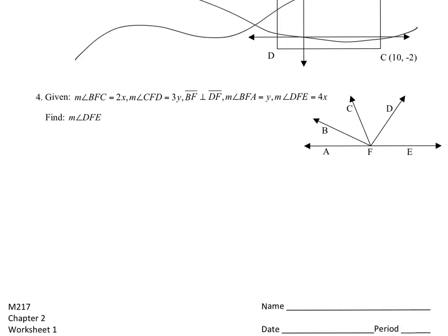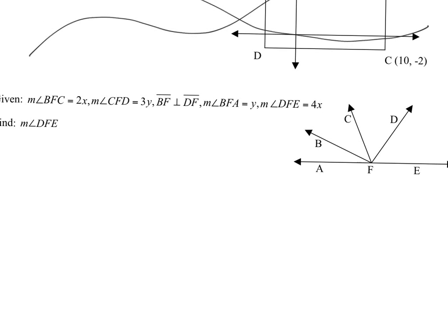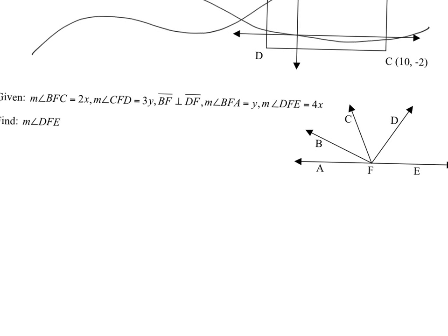You've got measure of angle BFC is 2x. I'm going to throw 2x in there. CFD is 3y. Ooh, x's and y's. You know what's coming now. And BF is perpendicular to DF.